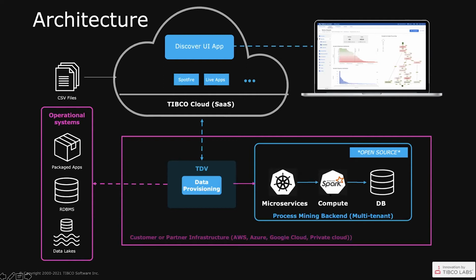We also built the architecture to be multi-tenant, so you can think of a partner running the service on behalf of their customer. Using this multi-tenant setup, every customer has their own TIBCO cloud account, and the backend is completely mutualized and shared across the different customers.